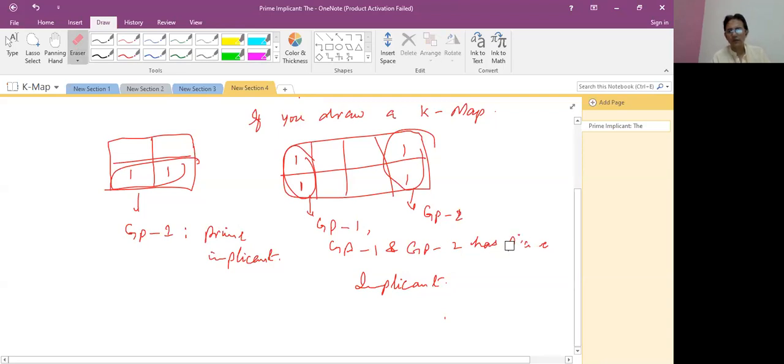Sorry for that. These are types of implicant, not a prime implicant. I give you another example about the prime implicant. These are called implicants. So we write here again, group 1 is implicant.